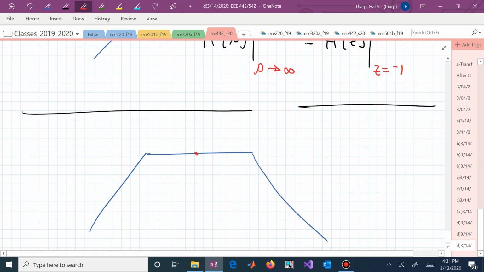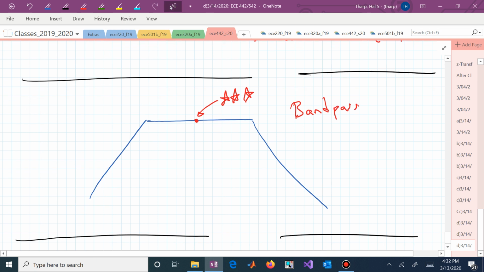Finally, if you had a bandpass filter, you might now find whatever frequency that is. That's now omega equal to something. That's s equal to something.